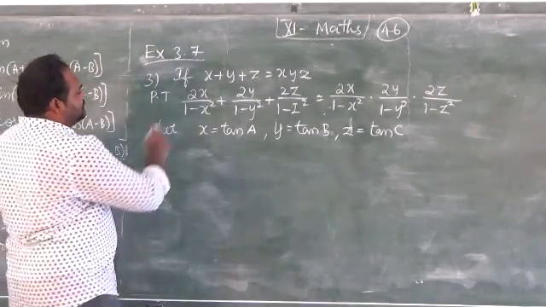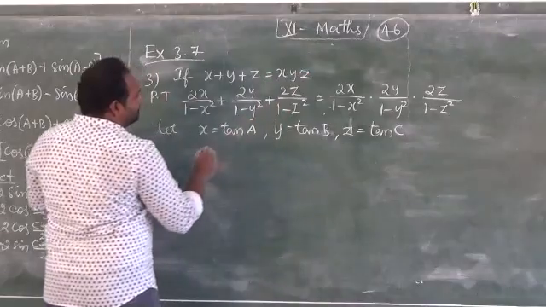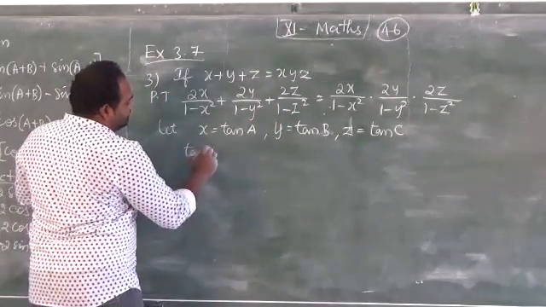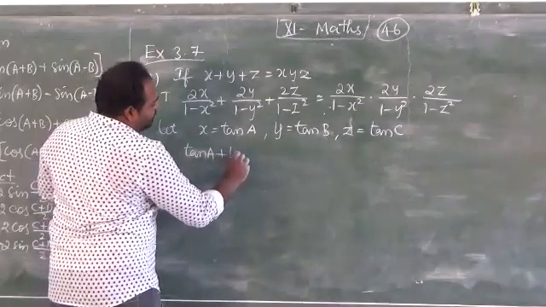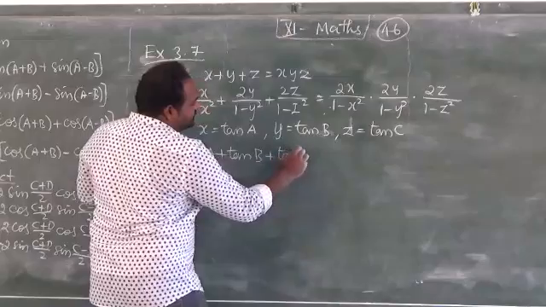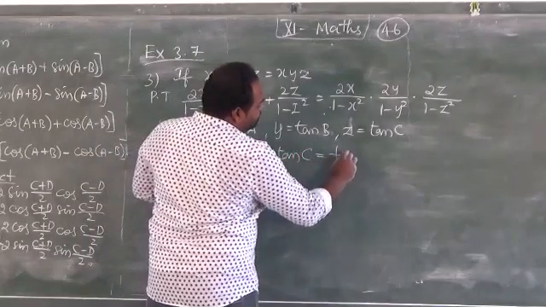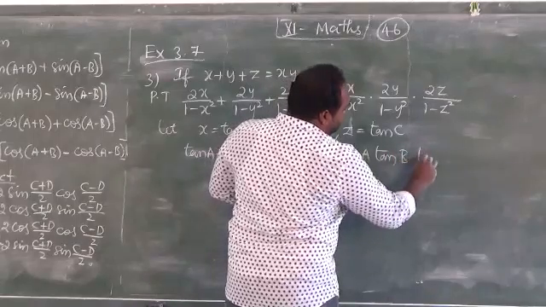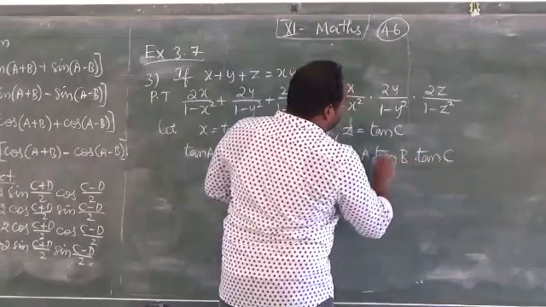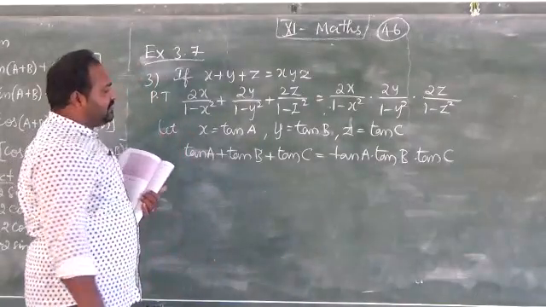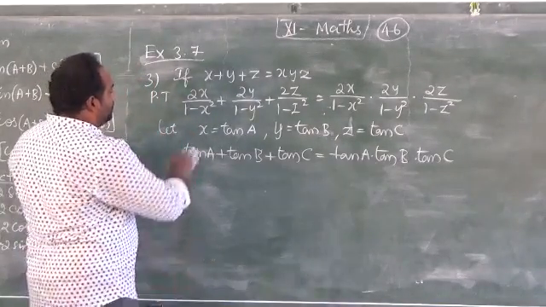The condition given is x plus y plus z equal to xyz, so instead of x, tan A, plus tan B plus tan C equal to tan A, tan B and tan C. I am getting this by assuming the x value, y value and z value in this condition.